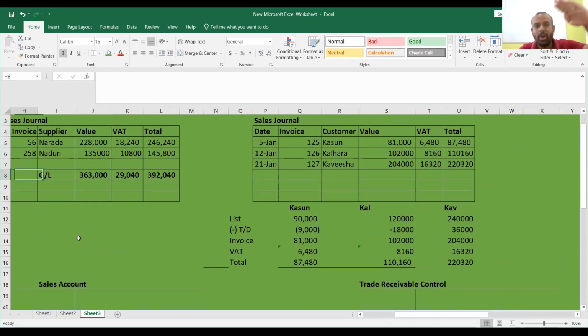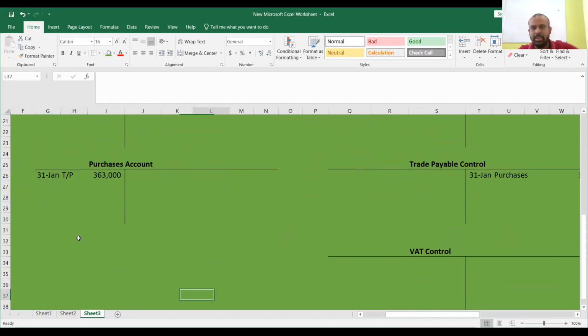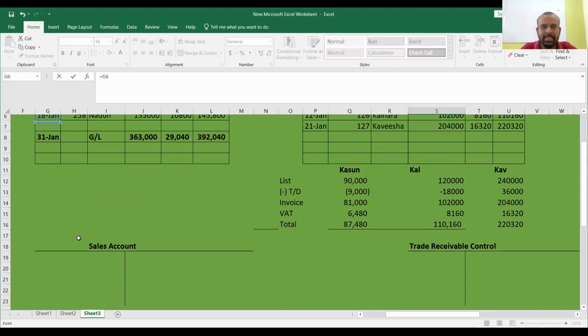Now VAT on purchases is an asset. It needs to be debited to the VAT control account, credited to the trade payable. The trade payables account needs to be credited. So on 31st January, debit VAT control account. The VAT control account must be debited because VAT on purchases is an asset.